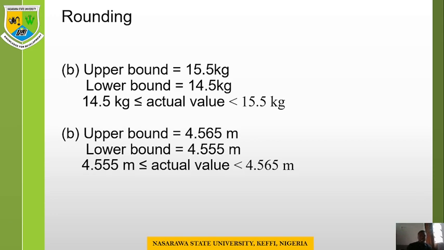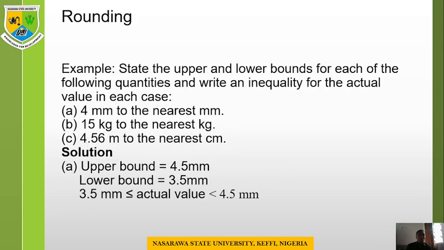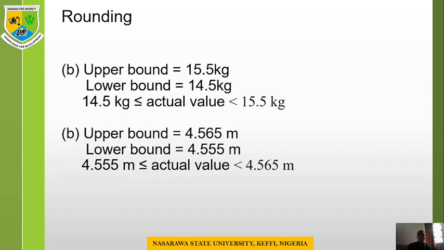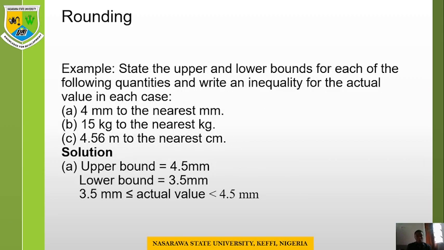All right, this third one is 4.56 meter to the nearest centimeter. Now to the nearest centimeter, if you observe, we have just 2 digits after the decimal point. So what we shall be doing is that we shall add 0.005, or okay, we shall add 0.05 to 4.56.